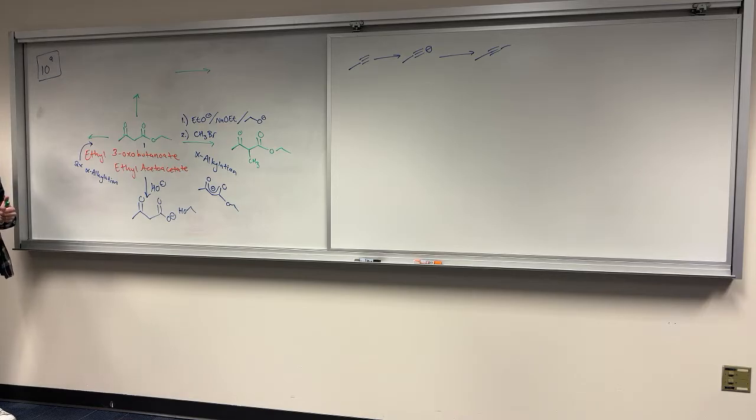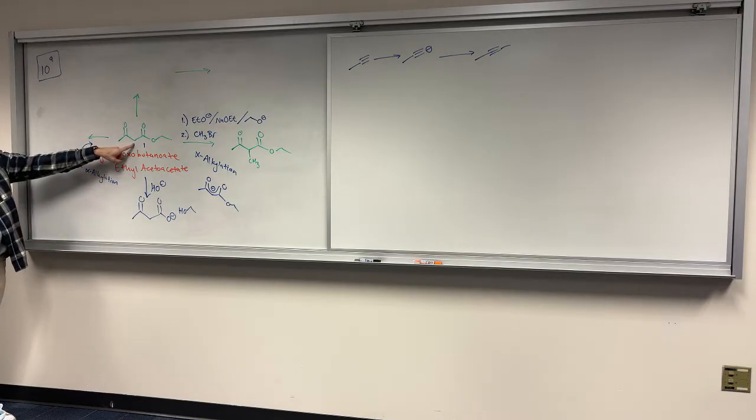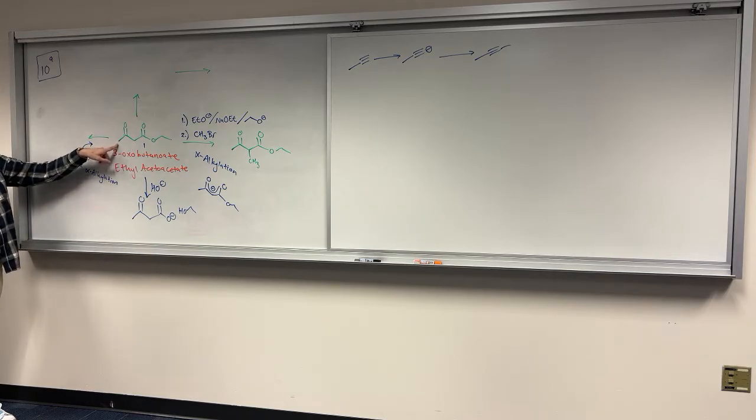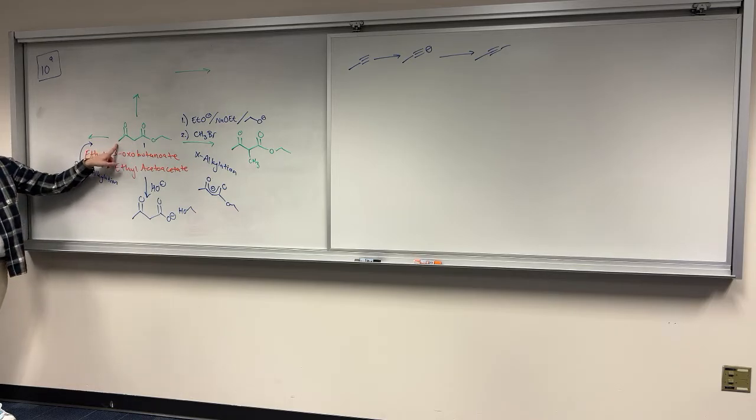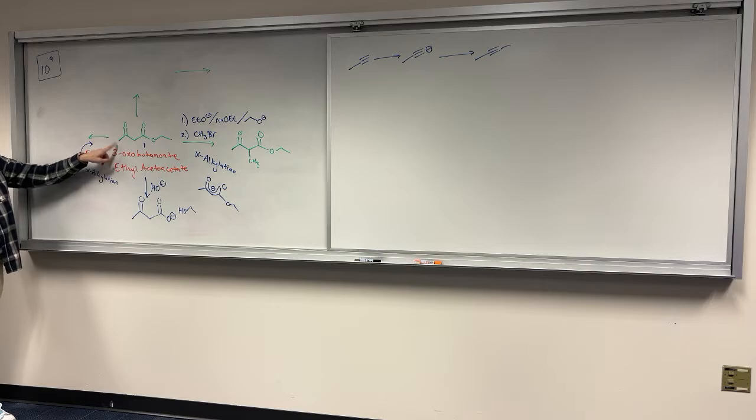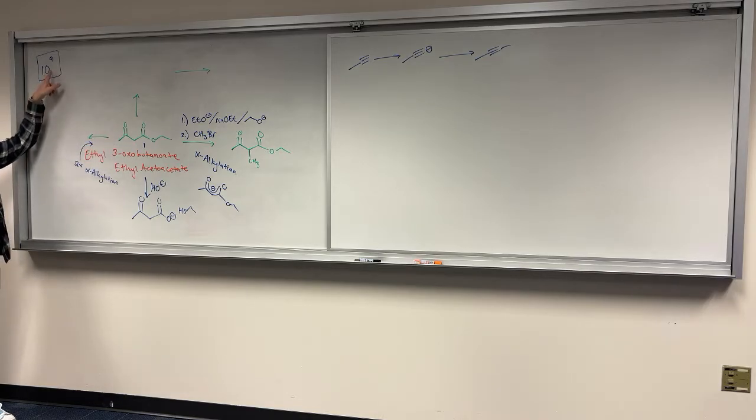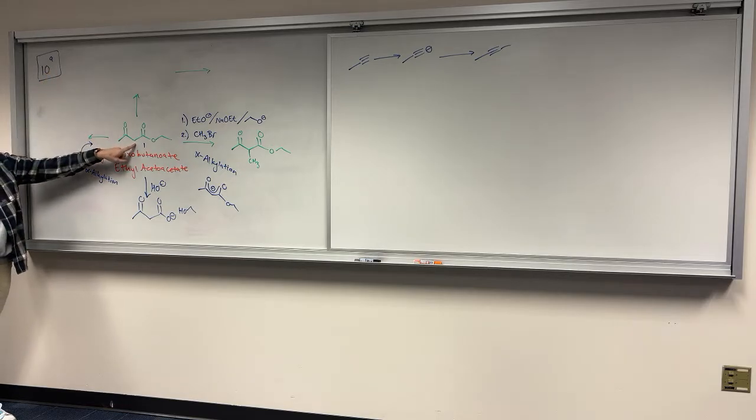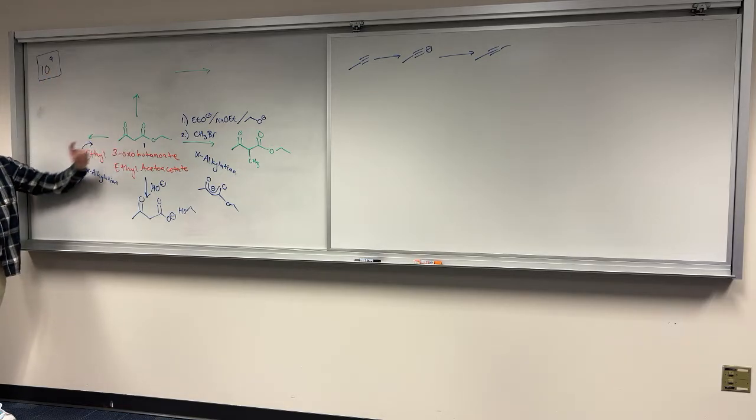It's a ratio of the pKa's. This gets deprotonated 10 to the 9 times more often than this gets deprotonated. That's the difference in the pKa's, which tells us a difference in how often they form. So for every one of these that gets deprotonated, a billion of these other alpha carbons get deprotonated.